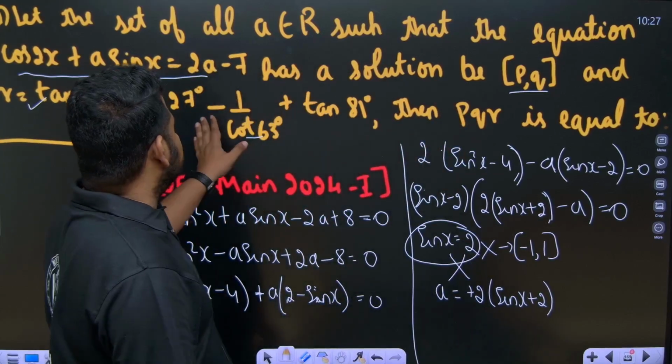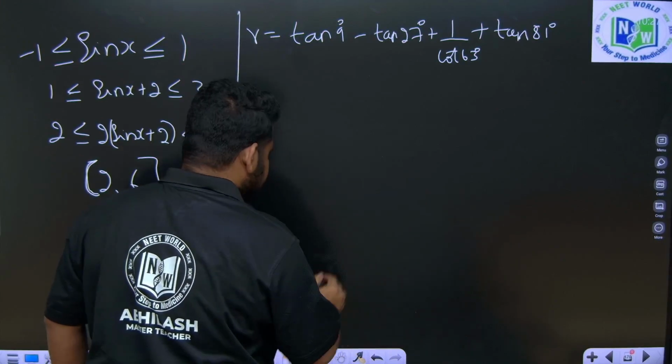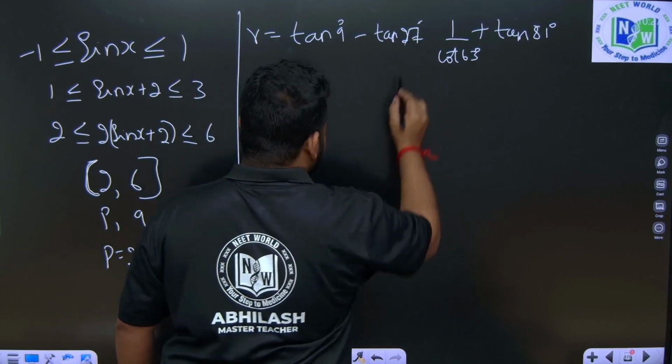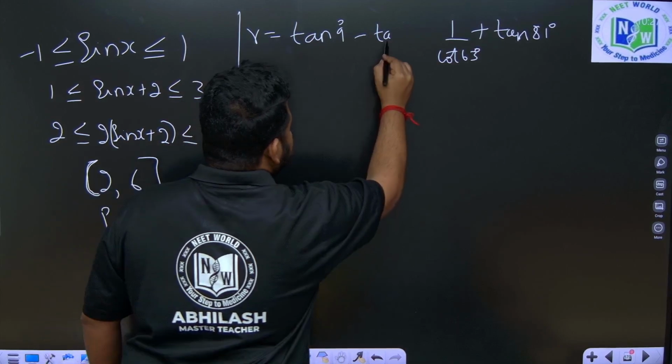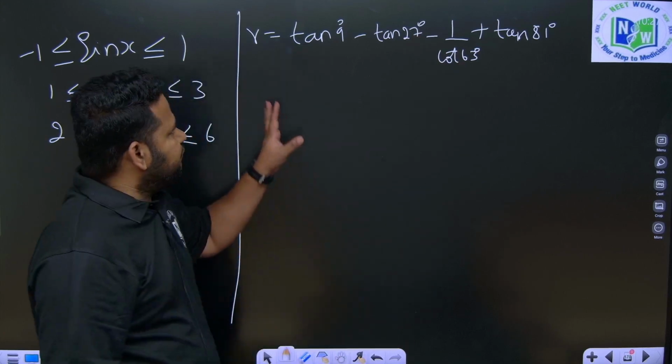This is plus and this is minus. Have to be careful with the signs. This is what we have for R.